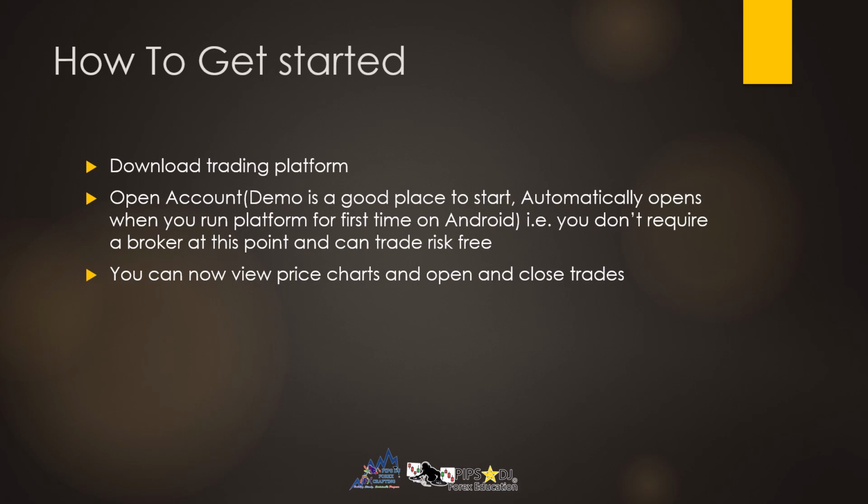For the mobile application, it gives you an option to create the demo account instantly. You start populating the fields with your information. You create a password, you verify your email, and then you can start trading those charts, modifying the codes, those kind of things.